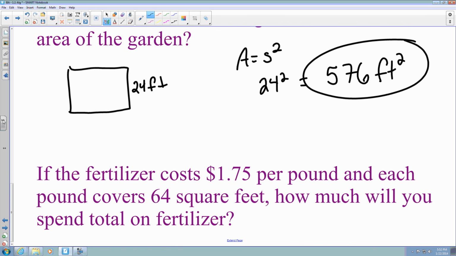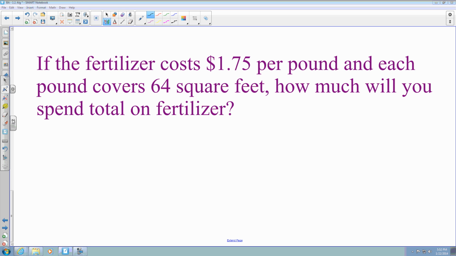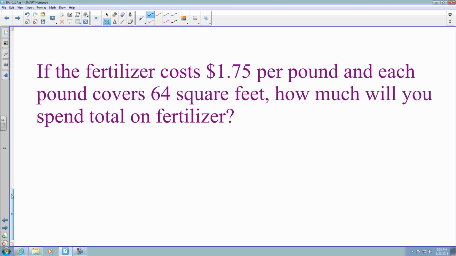Here, it's kind of a piggyback to this problem. It says if the fertilizer costs $1.75 per pound and each pound covers 64 square feet, how much will you spend total on fertilizer? So it says each pound is $1.75 and it covers only 64 square feet.